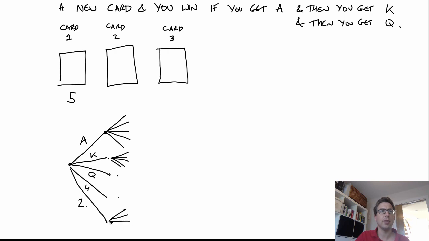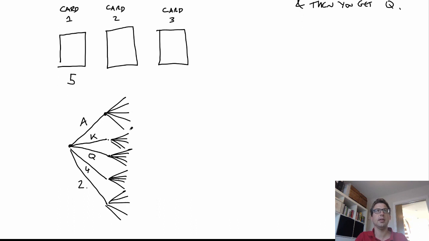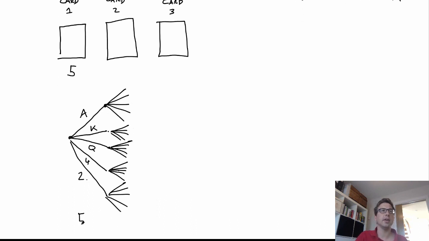Okay, well, I'll try to draw those. Now for each of the 5 branches here, I've got a further 5 here. So in total, that's going to make 5 times 5, so I've got 25 ways of choosing 2 cards.